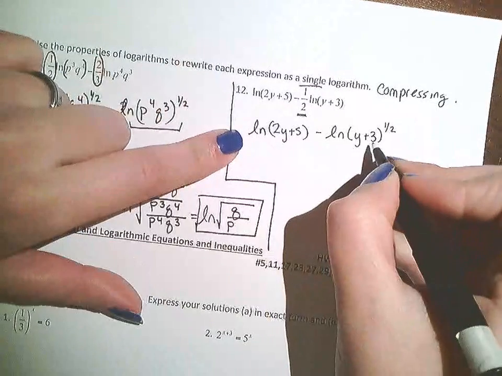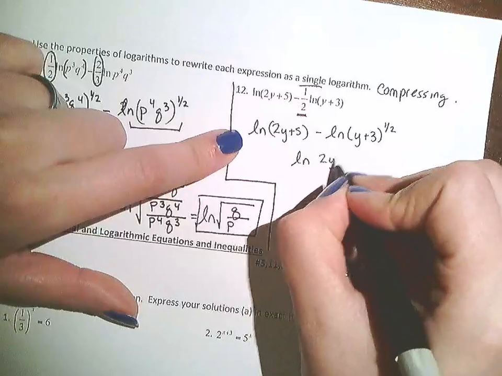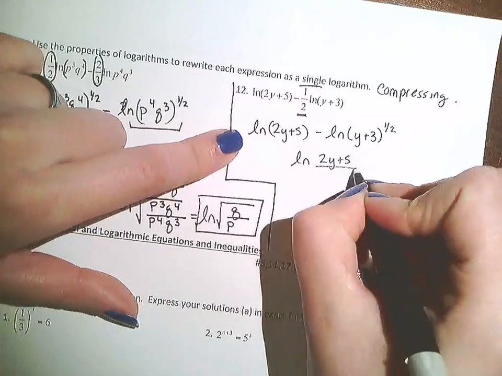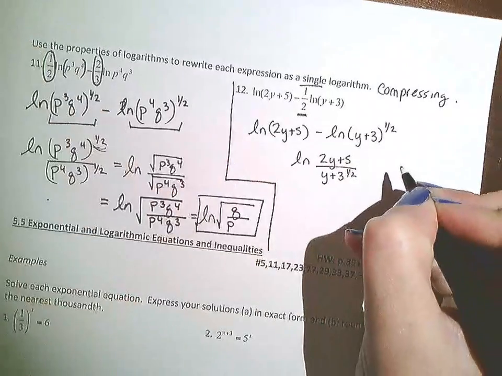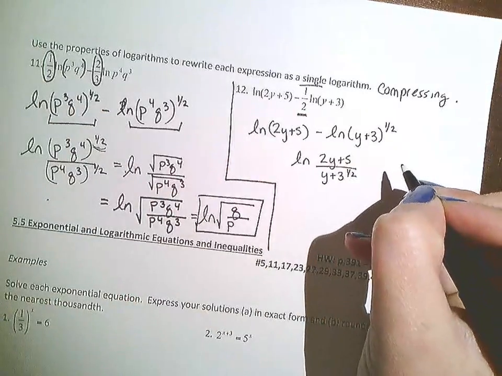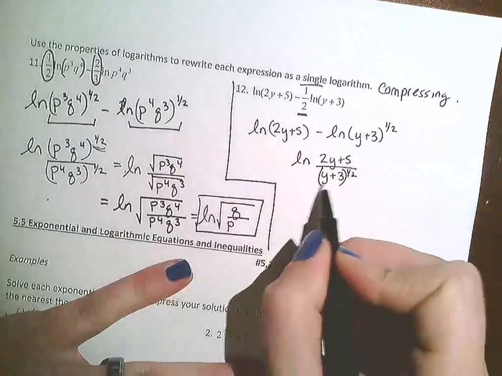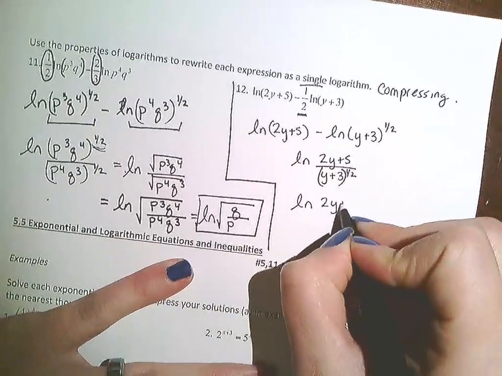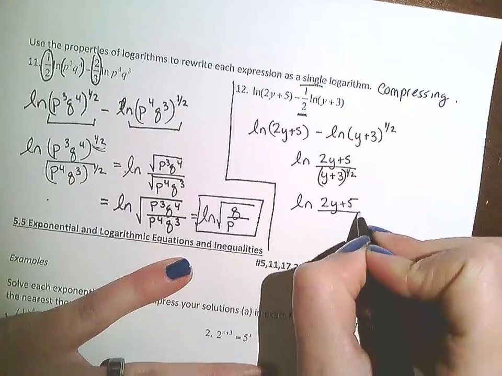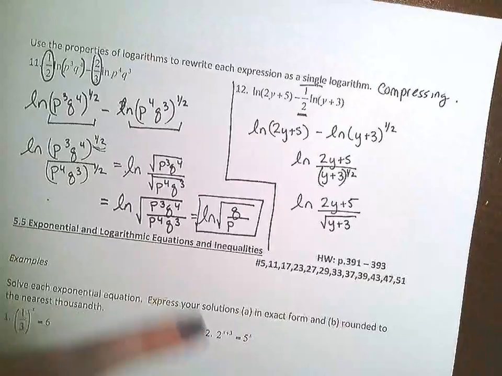And now we have this subtraction, so this is ln of 2y plus 5 divided by y plus 3 to the 1/2. And remember, y plus 3 to the 1/2 is ln of 2y plus 5 divided by the square root of y plus 3.